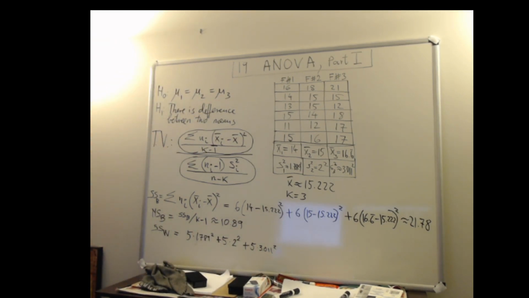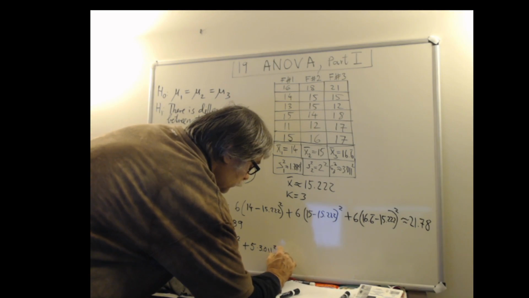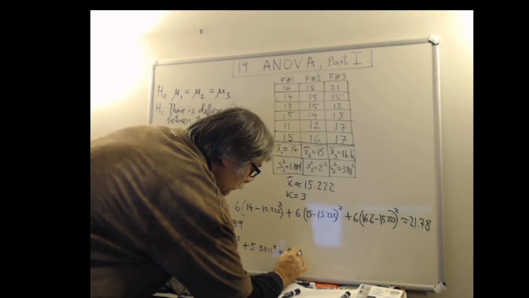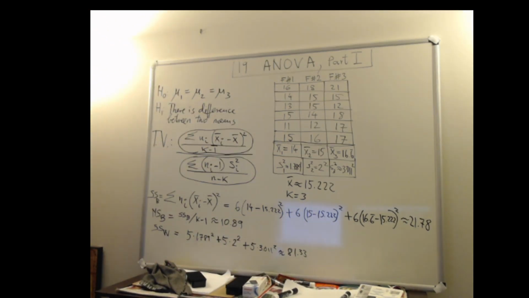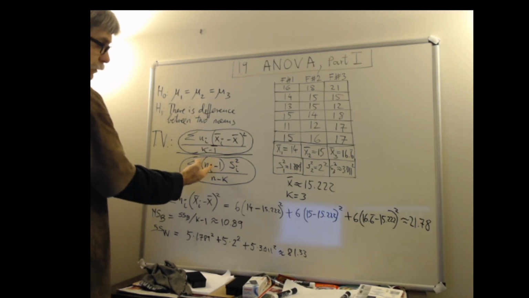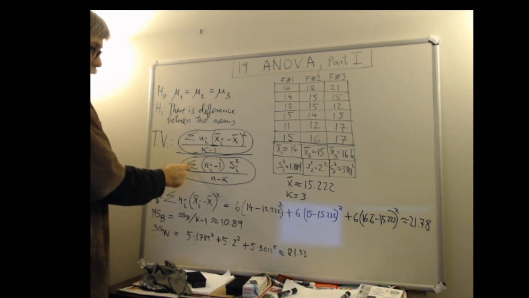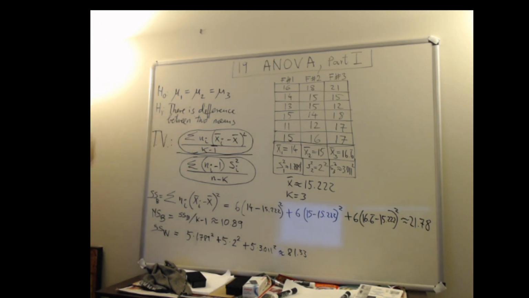And again, you have to use a calculator, and I got 81.33 here, approximately. That's just the numerator of the denominator, this piece here. So again, every group, degrees of freedom times the variance. First group, second group, third group, and then you do the sum. That's the formula.